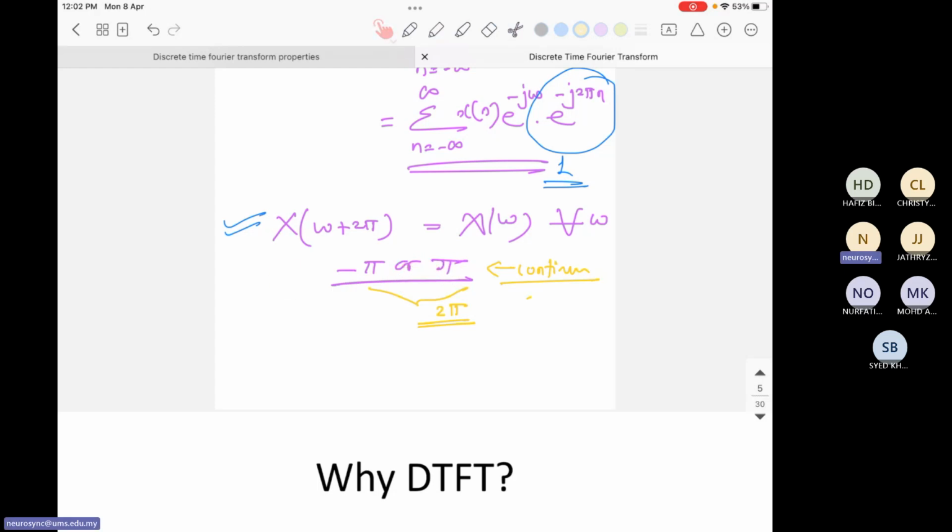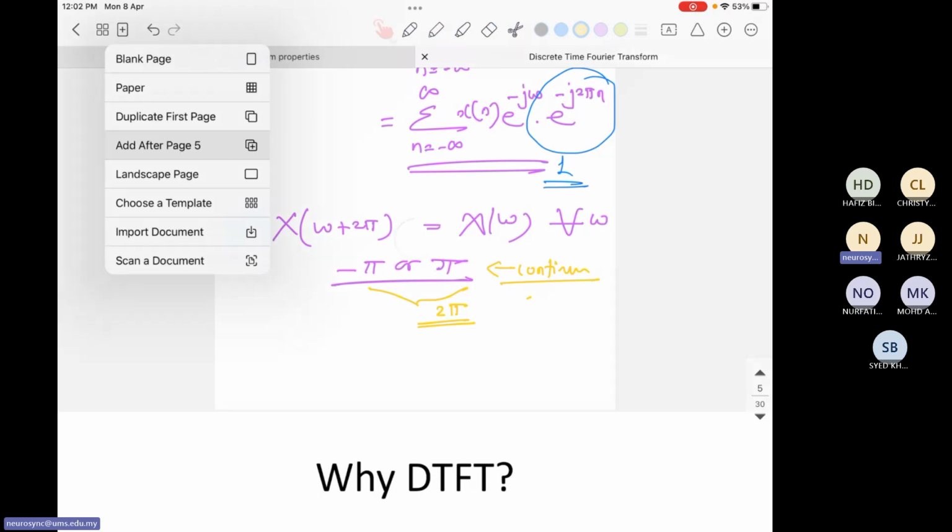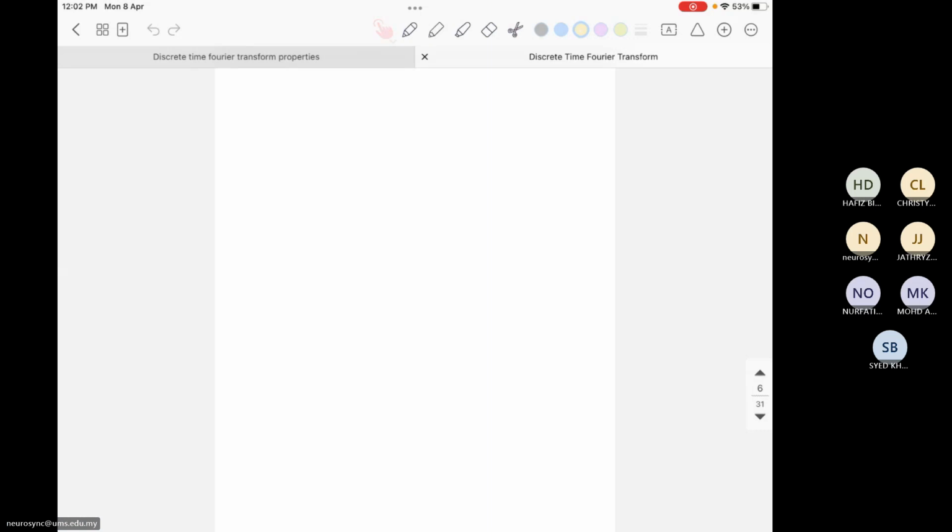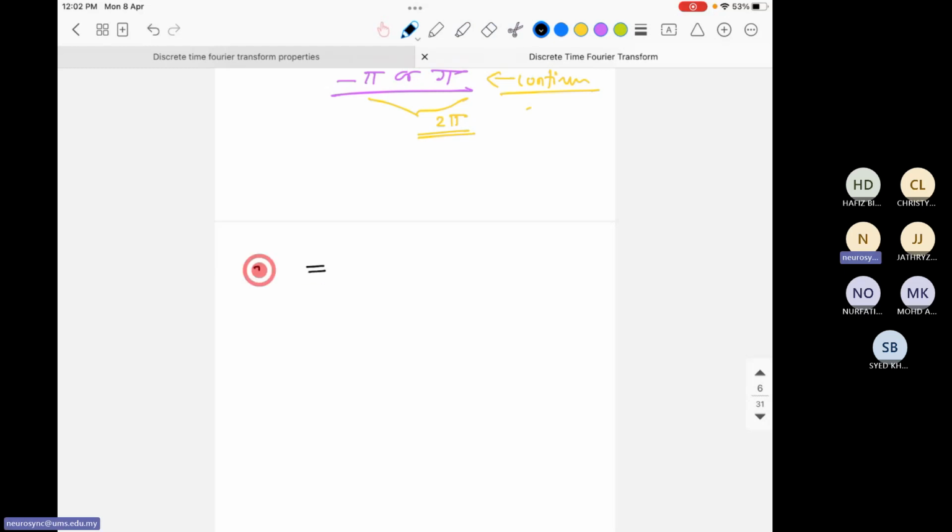Now, to get the original signal back from the transformed X of omega, in mathematical form, I want small x of n from capital X of omega, over the unique interval from minus pi to pi.